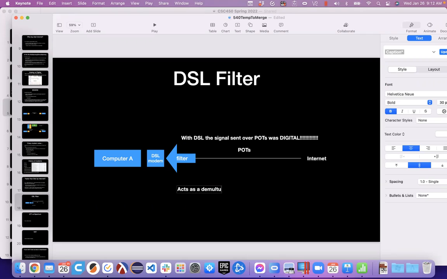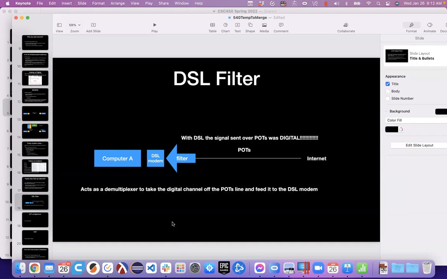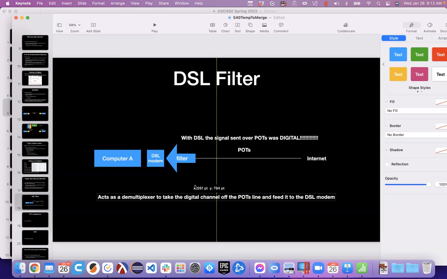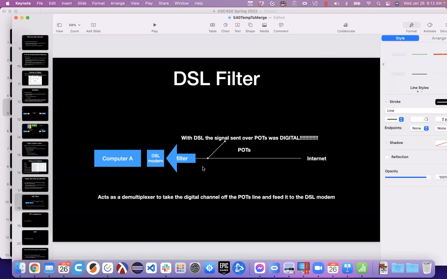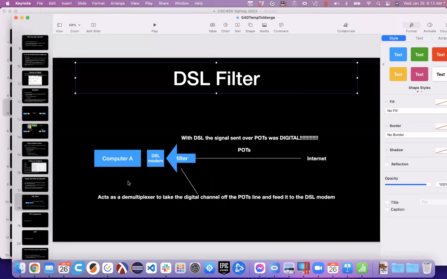It acts as a demultiplexer to take the digital channel off the POTS line and feed it to the DSL modem. Draw a line. That makes sense?